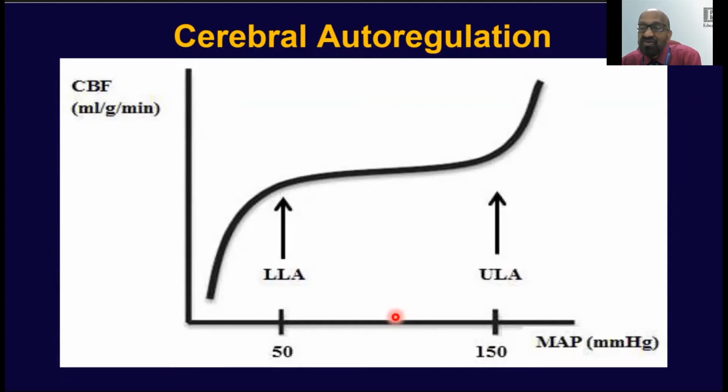But the validity of this concept may be criticized because we know that the cerebral blood flow is determined by more factors other than blood pressure alone. There are a variety of physiological and biochemical parameters which may interact and cause a change in the autoregulatory limits in a particular patient.